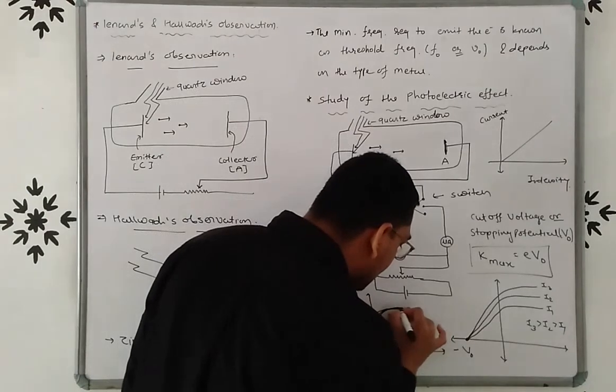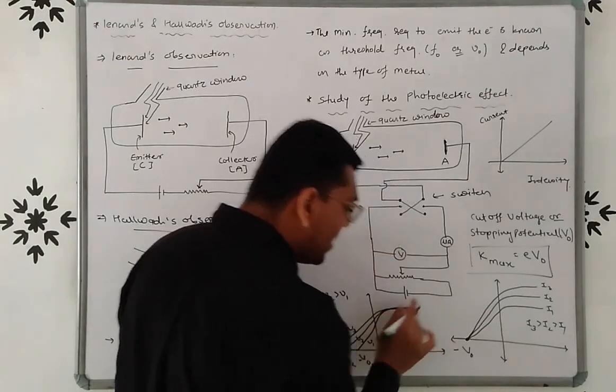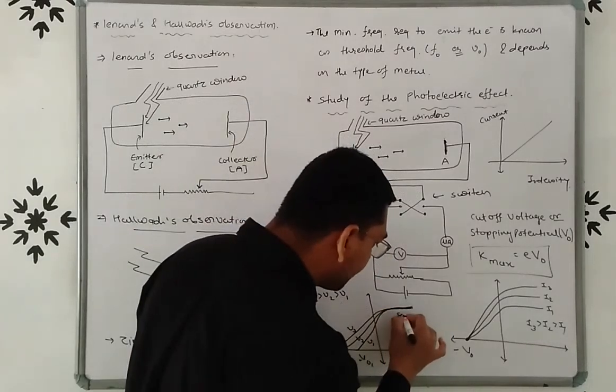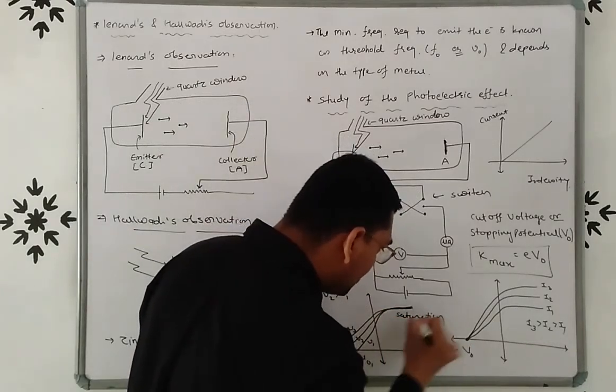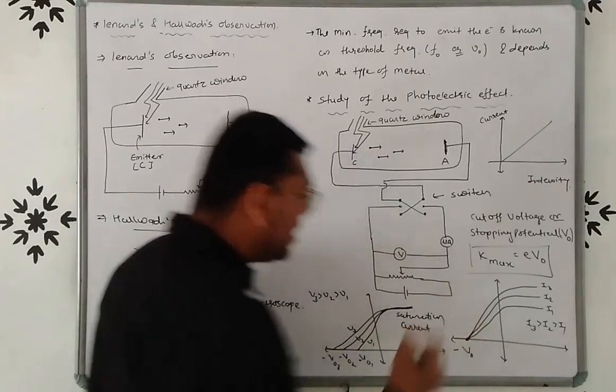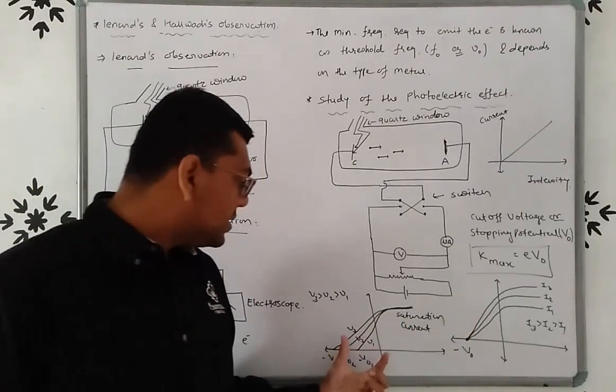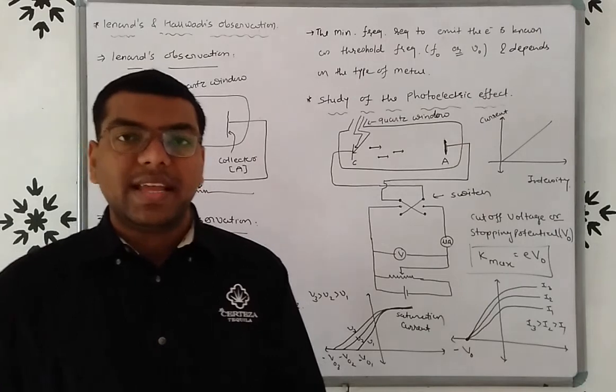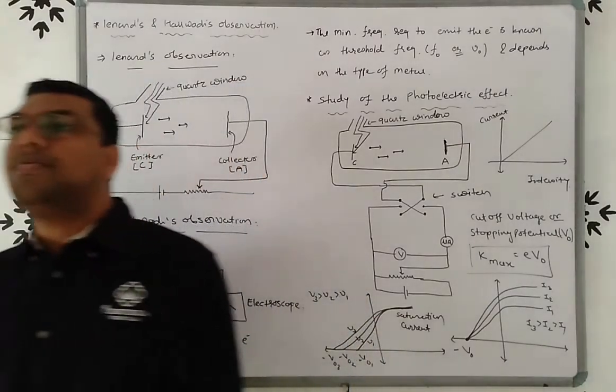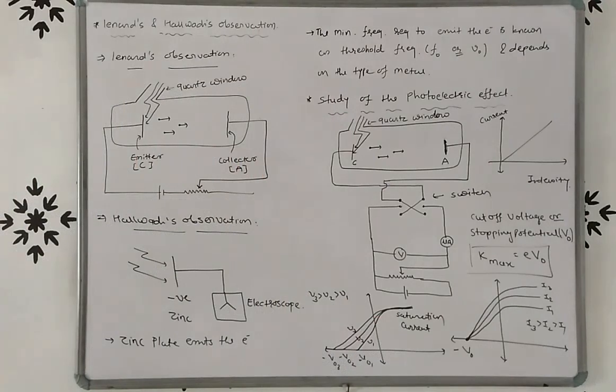And in this case, the saturation current will remain constant. So this is the effect of frequency. If there is a change in frequency, the stopping potential also changes, so the stopping potential depends on the frequency. But the saturation current will remain the same.